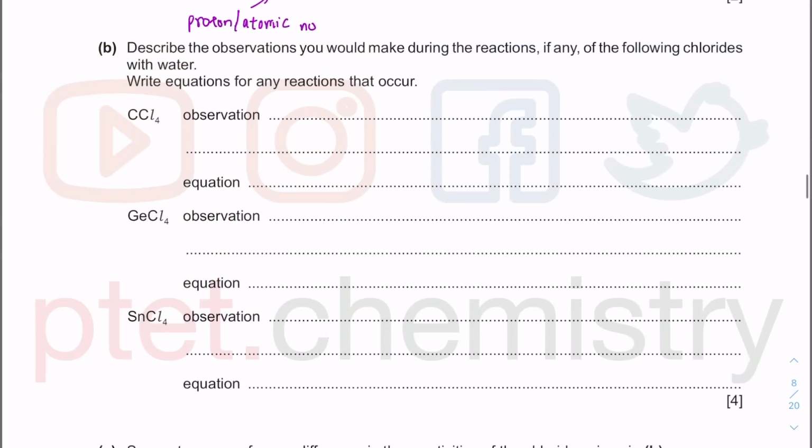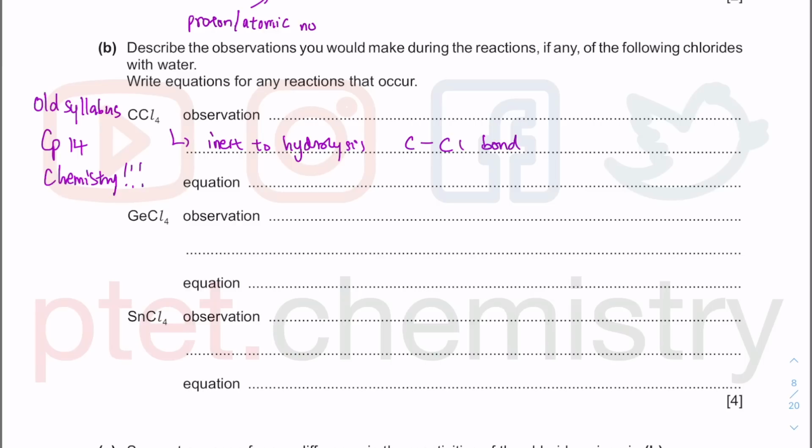In terms of this next part of the question, I don't think you need to learn about them. They are from the old syllabus prior to 2016. This was the group 14 chemistry that they would have learned previously. But the CCl4 is basically inert to hydrolysis, as the CCl bond is the shortest out of the 3, because of the small size of carbon.